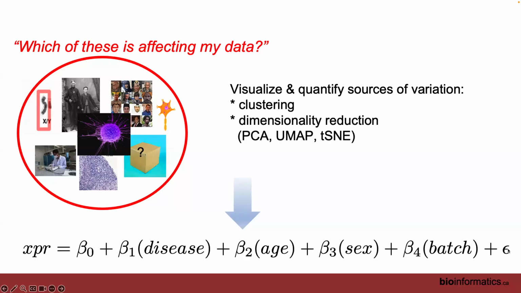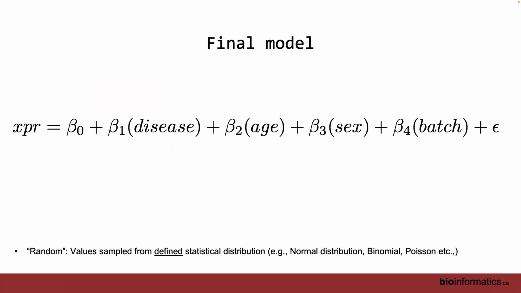That is the goal of this exercise. Now, just a minor point about the epsilon. Usually in statistics they say the unmodeled variation is random, but when they say random, they don't mean arbitrary. They mean randomly sampled from a particular statistical distribution, in this case usually a normal distribution.